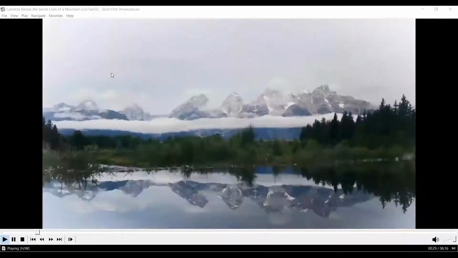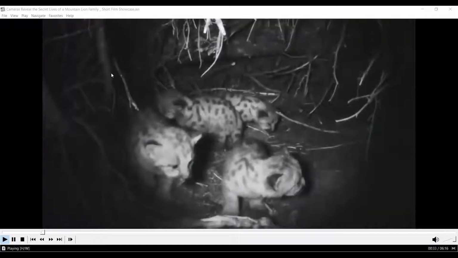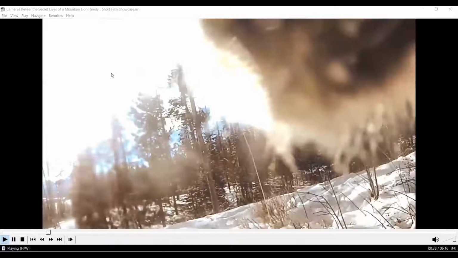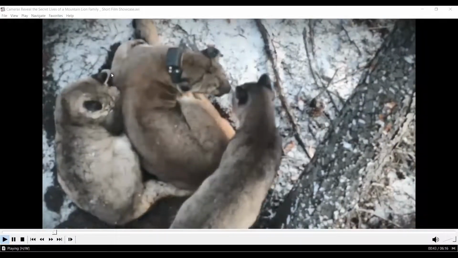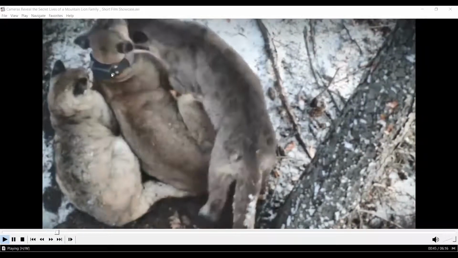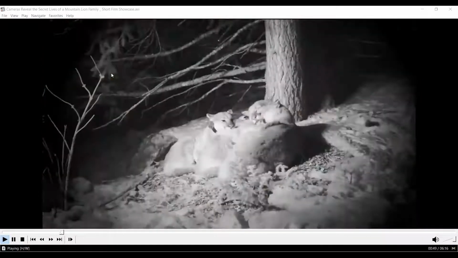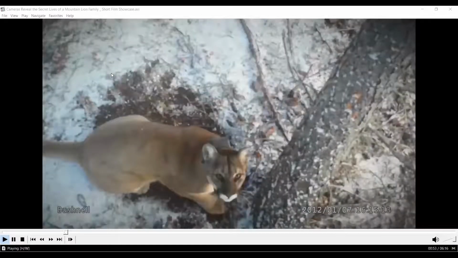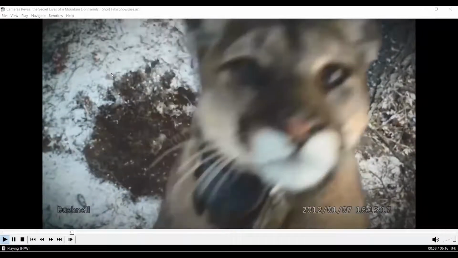But recently, deep in the Wyoming Wind River Range, biologists have placed motion cameras in dens and in other secluded areas. Through the camera's lens, we're now able to peer into the secret life of these animals and see their close family ties and how truly social, interdependent, and caring they really are. And what has emerged is quite surprising, even to the biologists.